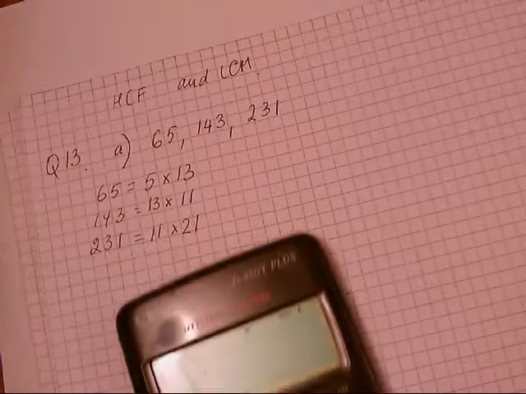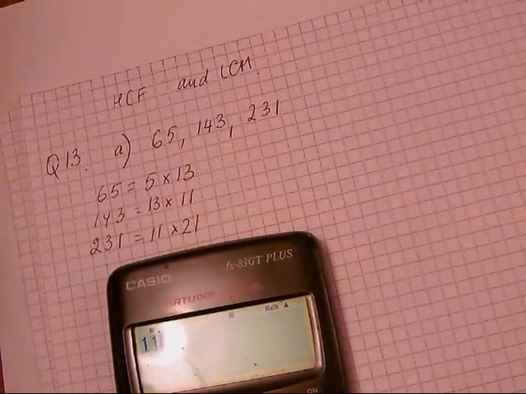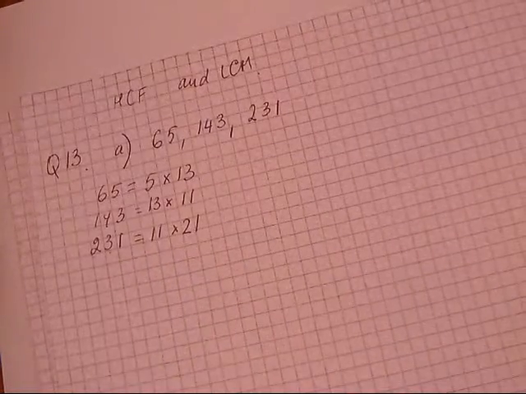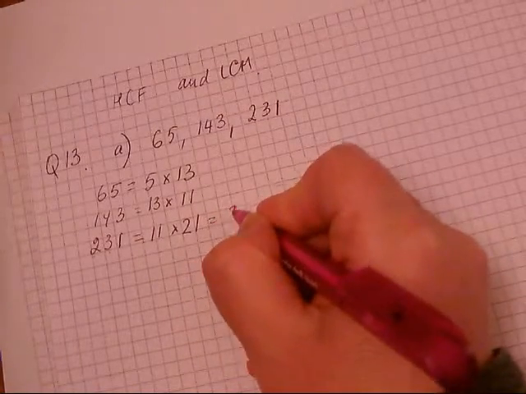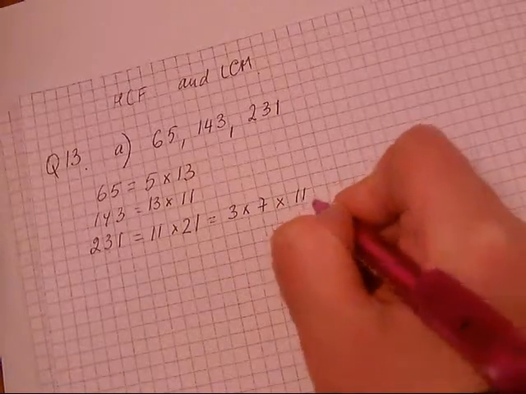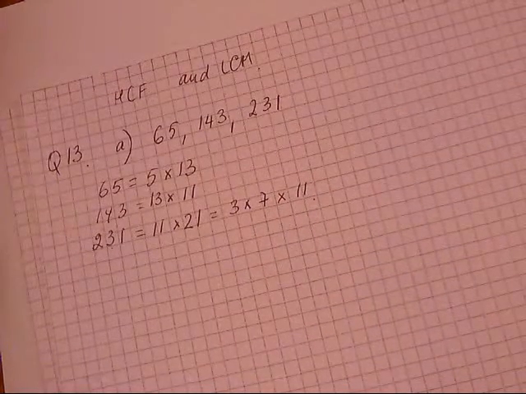Let's just double check: 11 times 21 is 231, and 21 is not a prime number, it is 3 times 7, now it is prime, times 11. Alright.